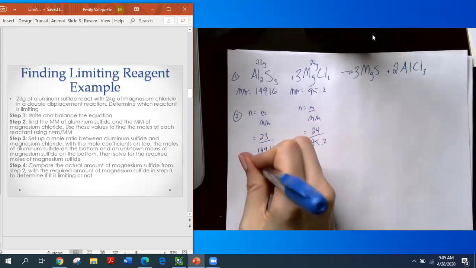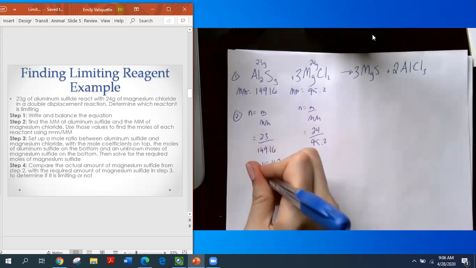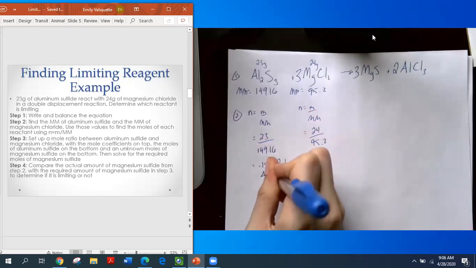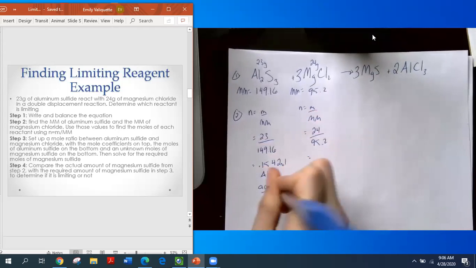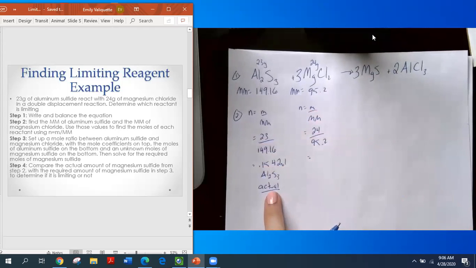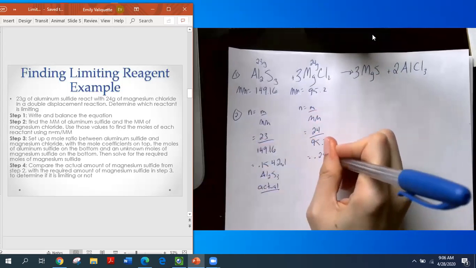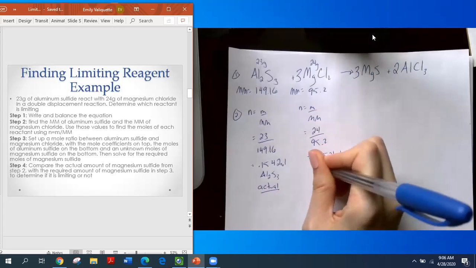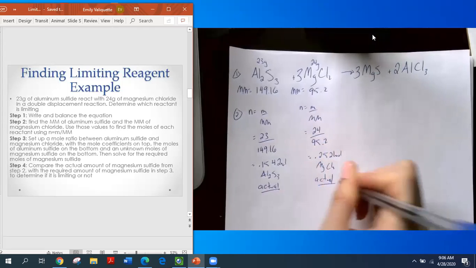That gives me 0.1542 moles of the aluminum sulfide. And it's important to note that these are the actual moles that are present. And then for the magnesium chloride, 24 divided by 95.2 is 0.2521 moles of magnesium chloride actual.